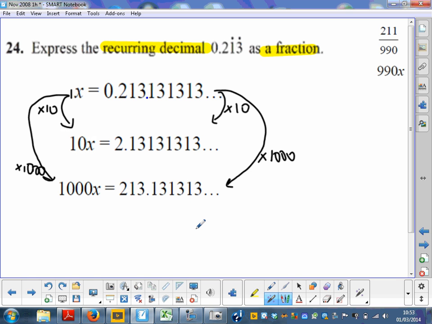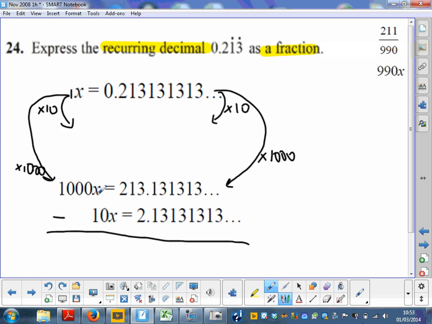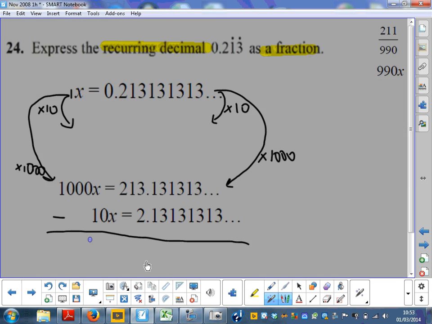Now this is very important because all I'm doing now is looking at this in a different way. So if I do the following, in other words, if I move this over here, right? And basically I take away, so if I do this minus this, what happens is 1000x take away 10x is 990x.